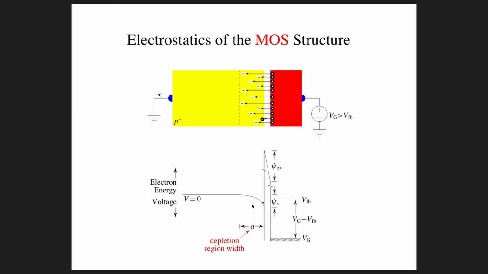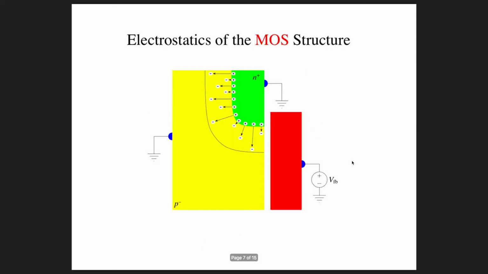Okay, so that's the MOS structure. This is called the two-terminal MOS structure, where we have the bulk and the gate. And now what we're going to do is move on to consider something called a three-terminal MOS structure. Okay, so what we're doing here is we're imagining the same sort of MOS structure we had in the last sequence of slides, and we're also putting at one end of this structure a p-n junction.